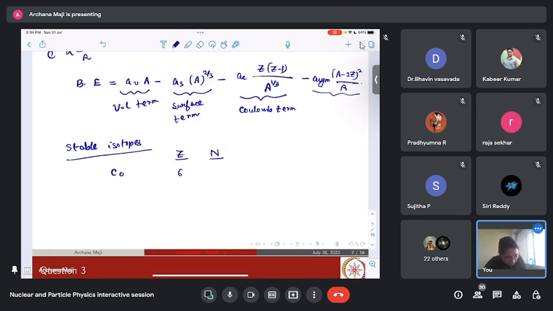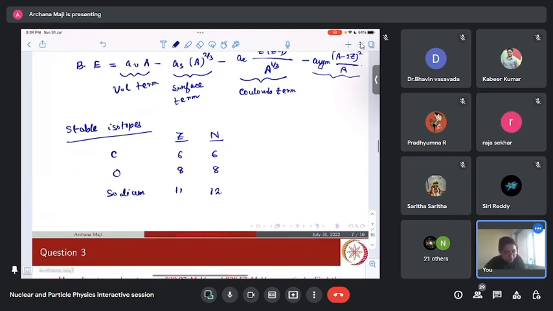For example, carbon, and there are a few more examples, like oxygen, 8 and 8, and also for sodium it's 11 and 12. So these are light or medium weight. For them the proton number and neutron number are almost the same.